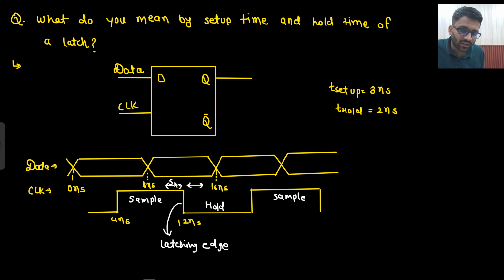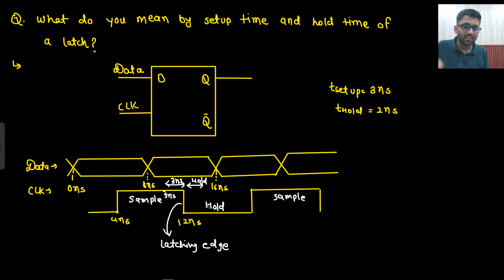This is the setup requirement and this is the hold requirement. So my data should be stable for the previous 3 nanosecond. At the latching edge it will check whether the data is stable for the previous 3 nanosecond. That means 12 minus 3, which is 9 nanosecond. So from 9 to 12 nanosecond it should be stable. Yes, it is stable.